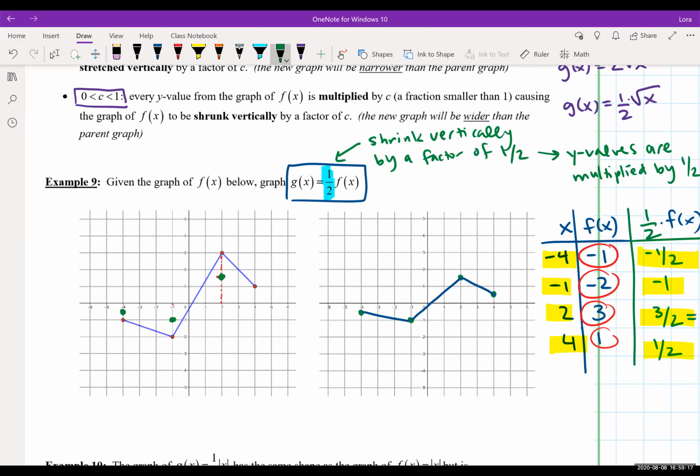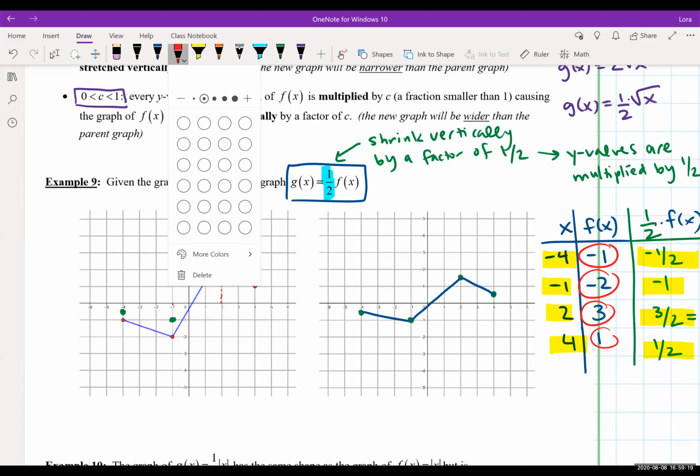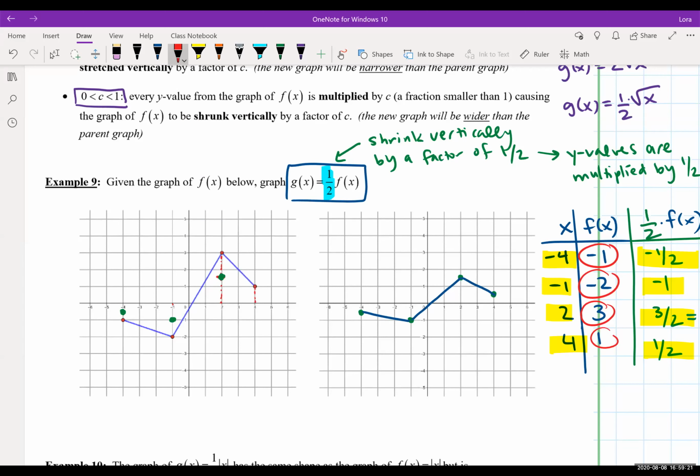So we have that third point. And the distance from the fourth point to the x-axis, if you were to cut that distance in half, then you would have the next point. And so this is going to also give you an accurate graph. If you connect the line segments, do yourself a favor and get a straight edge. That translates to g of x.